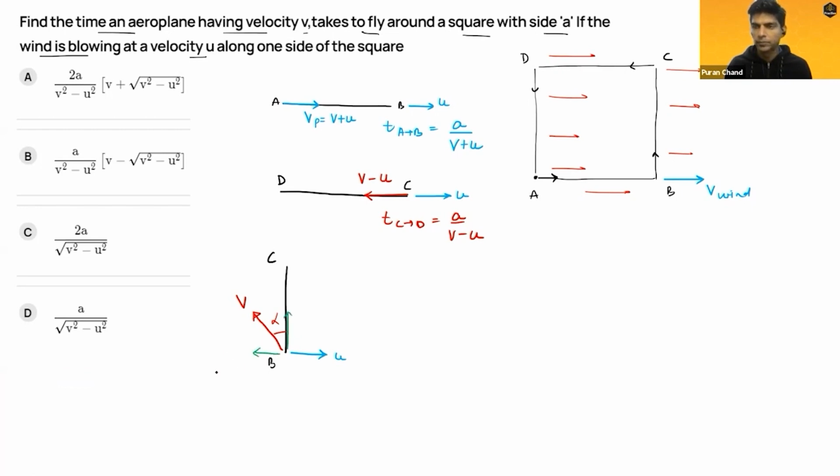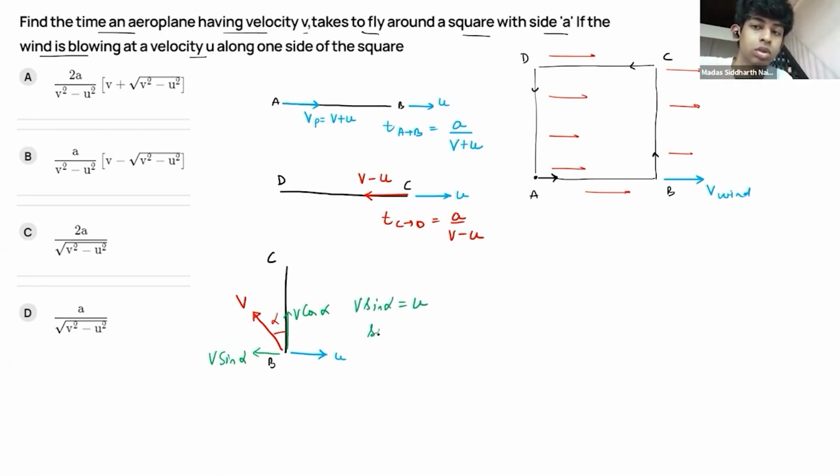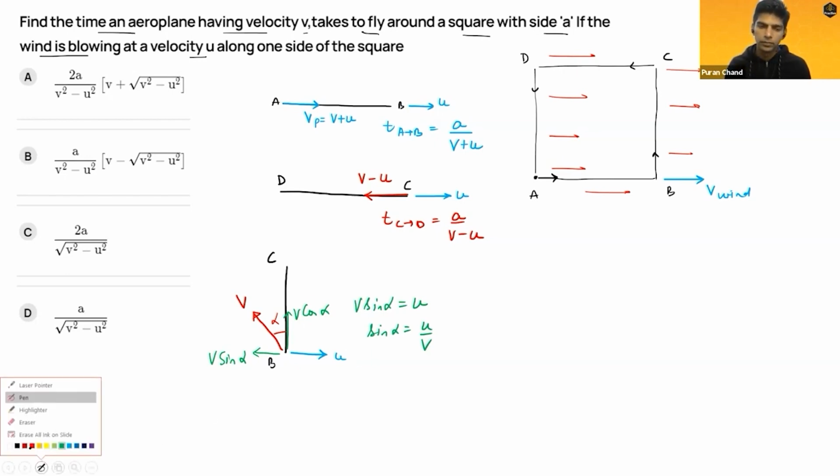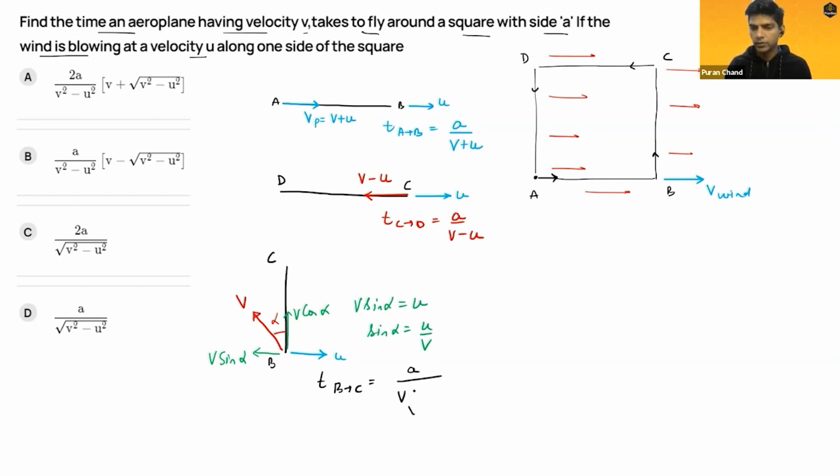This is v sin alpha and this is v cos alpha. Now v sin alpha should be equal to u, or sin alpha is equal to u by v. Got it? And your velocity of plane in this case will be v cos alpha. So time from B to C will be distance upon speed, which is v cos alpha. v cos alpha will be v times square root of 1 minus u square by v square.